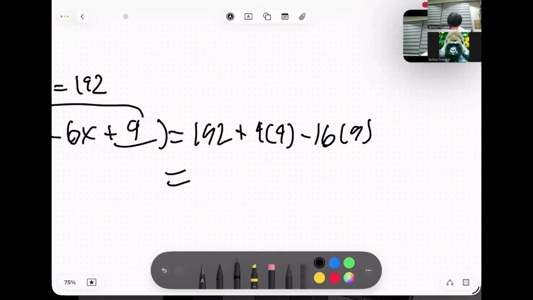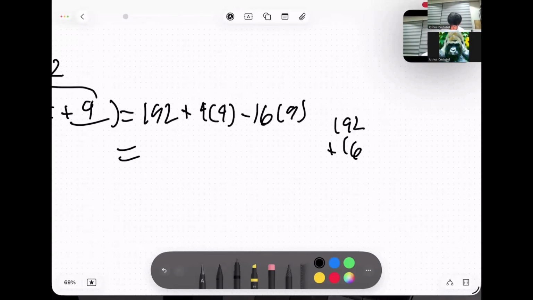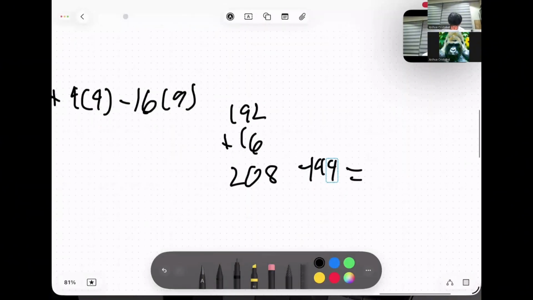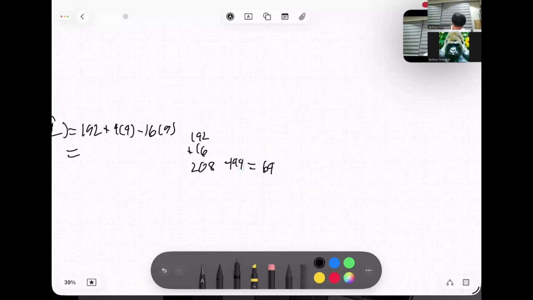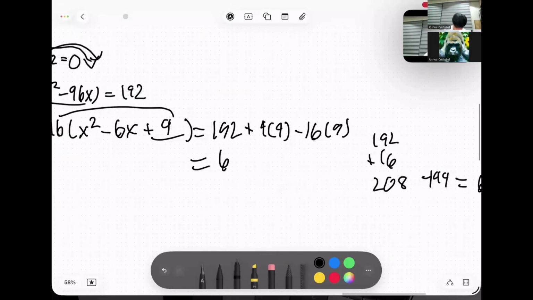So 192 plus 16 is 208. 208 minus 16 times 9, which is negative 144. So 208 minus 144 is 64. It's going to be equal to 64.